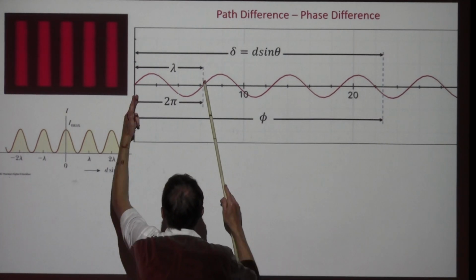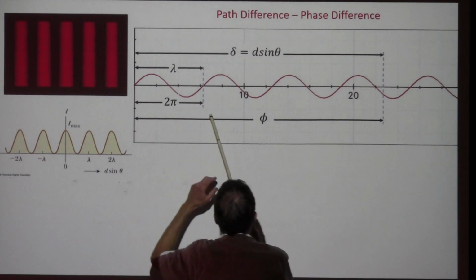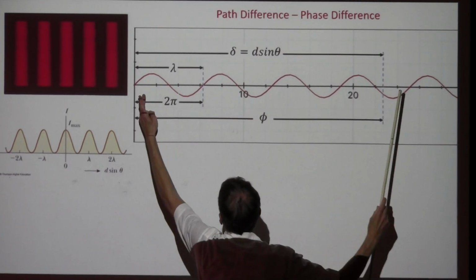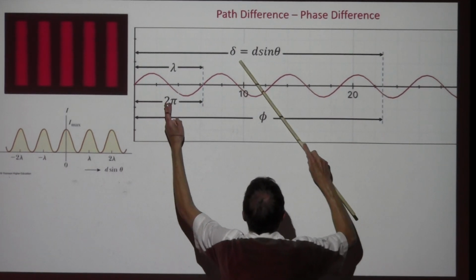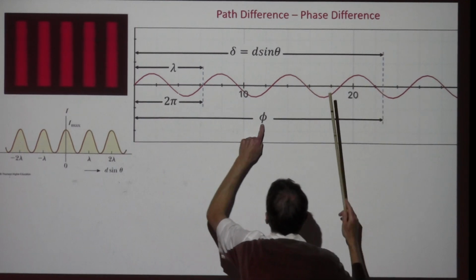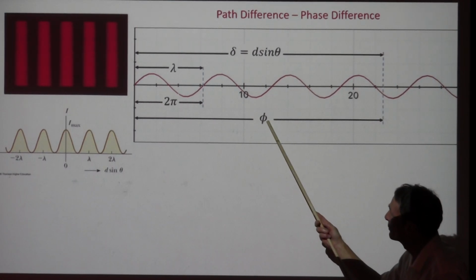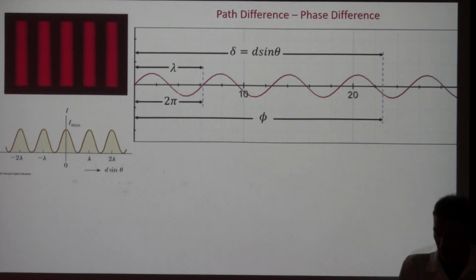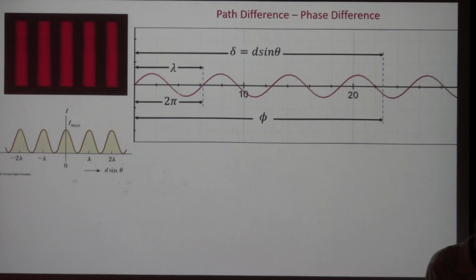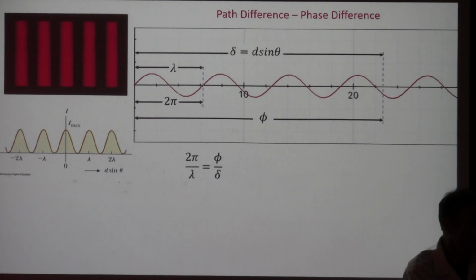I can say that lambda is to 2 pi as del, or d sine theta, is to phi. This is going to be the phase difference between the two waves. It's not going to be a whole number or a half.